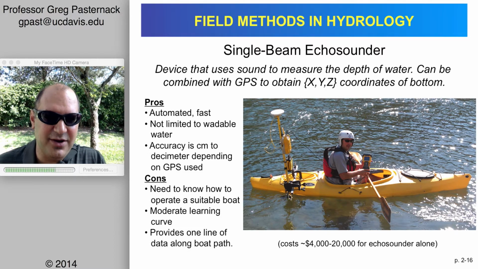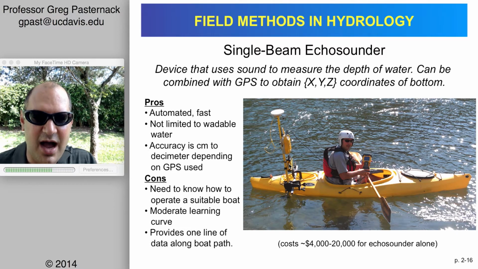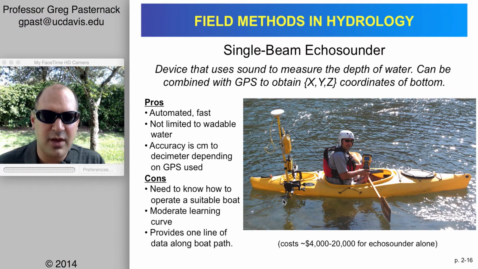This is a setup. There's me in a simple boat. I've got my RTK GPS here, so the antenna, the receiver, the data collector, and then I have an echo sounder. The echo sounder has its own receiver, which is this box, and then underwater, you can just make out a little bit of black there. That's called the transducer.